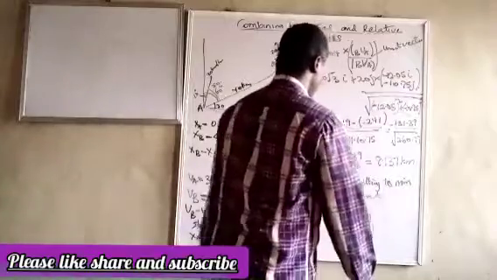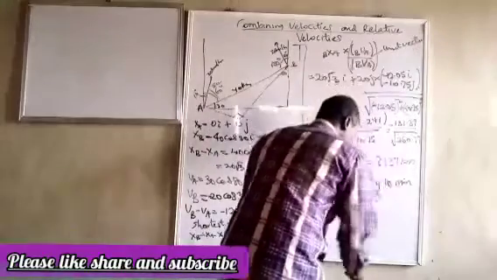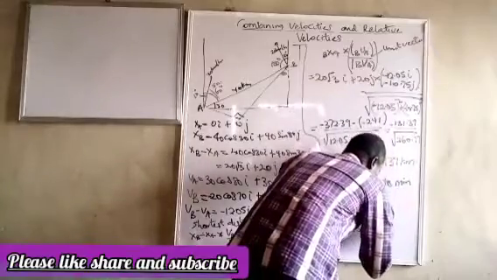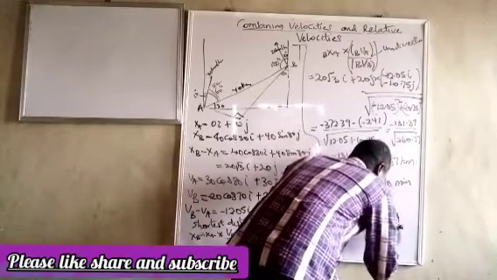Once we have gotten this, we divide again by the velocity.